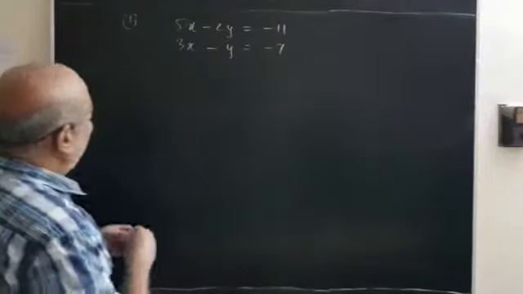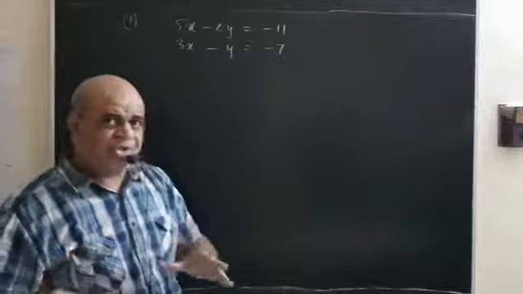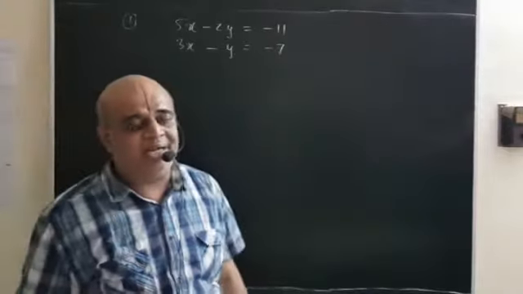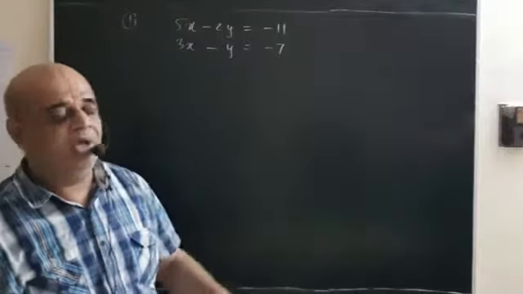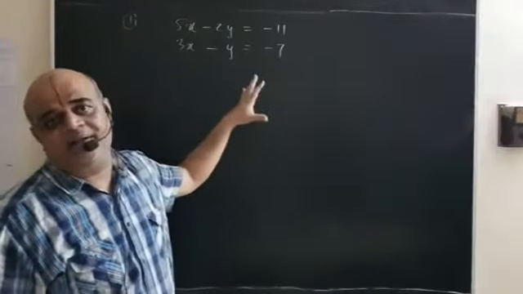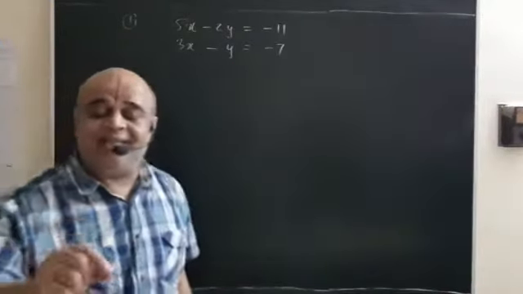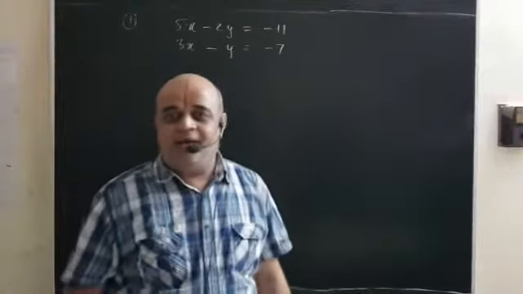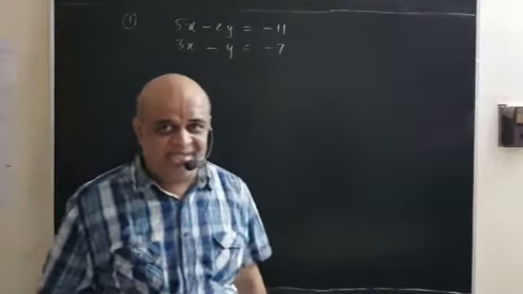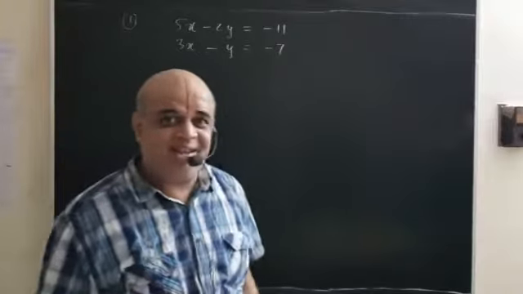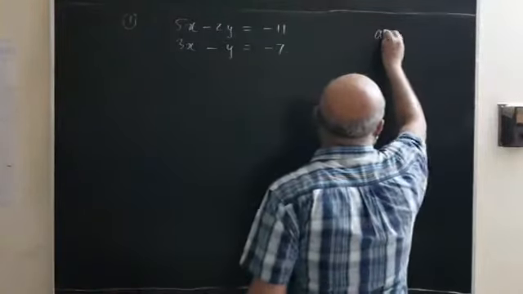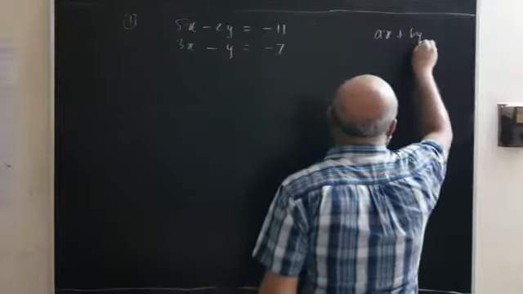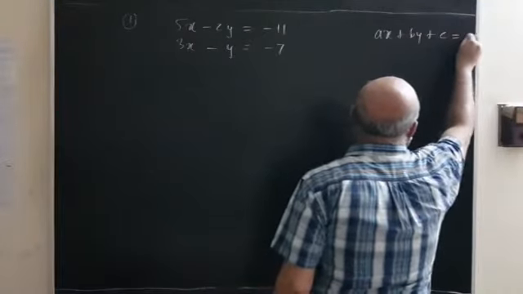Okay? Alright. Before we proceed further, I have to warn you that cross multiplication is one method in which you have to bring the equations in the standard form. Do you remember what the standard form is? The standard form of a linear equation will be of the form ax plus by plus c is equal to 0.